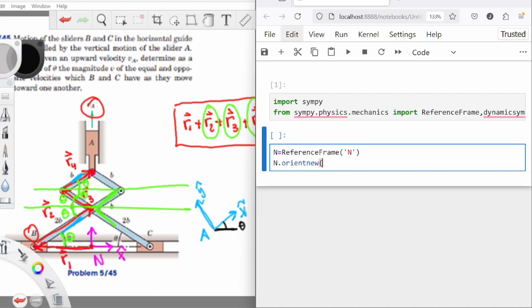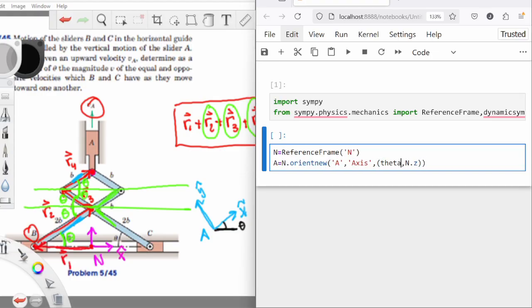So we orient a new reference frame from N. We call this new reference frame A. We orient by axis, and we want to rotate theta radians around the N z axis. And we store that reference frame in the variable A.